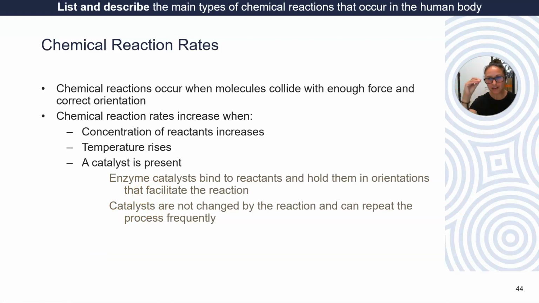Because a catalyst speeds up your chemical reaction rate, so things happen faster, and they are also like matchmakers. They bring molecules together to make those chemical reactions work. So we're going to look at those when we look at proteins in a little bit more detail next.